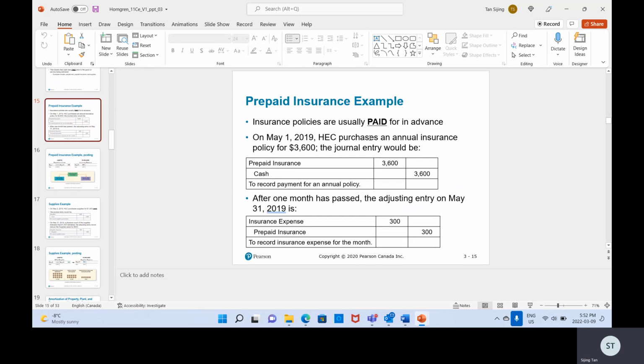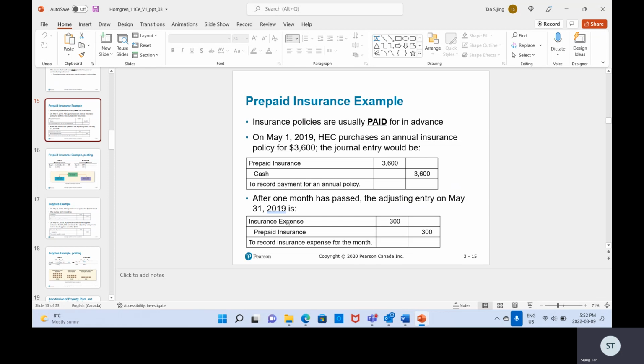So for example, on May 1st, the annual insurance is purchased for $3,600. Now we'll record the first journal entry, debit prepaid insurance and credit cash, right? Now after 1 month, we need to make an adjusting entry because at the end of May 31st, 1 month of the insurance has been used, which is $300.